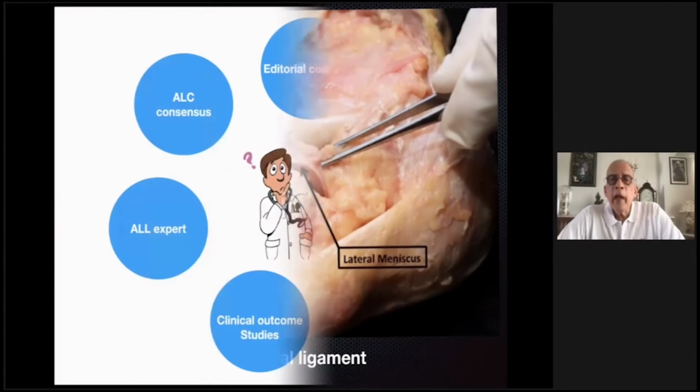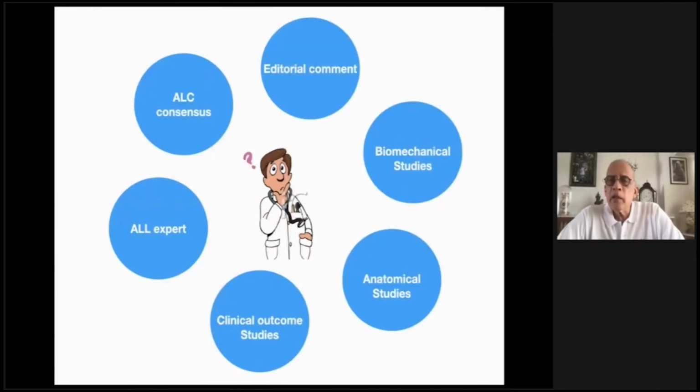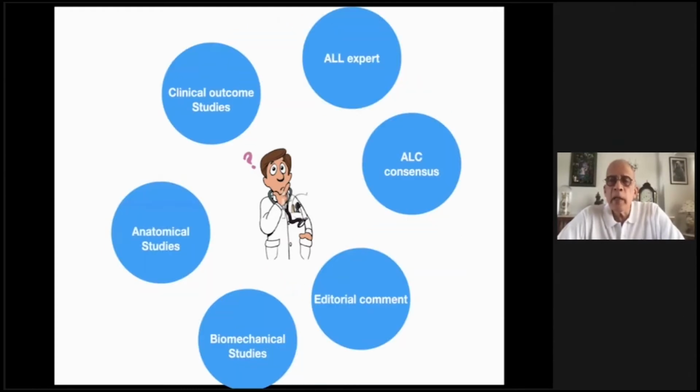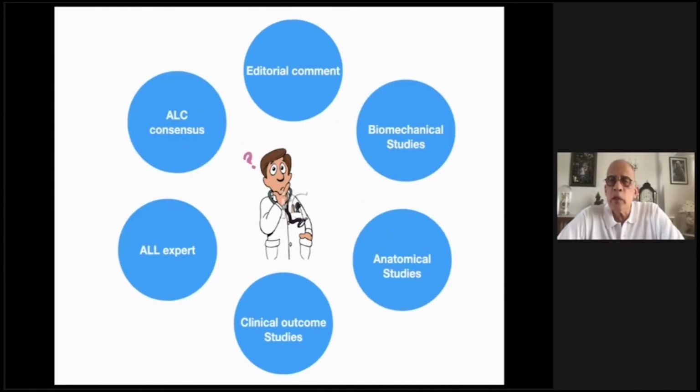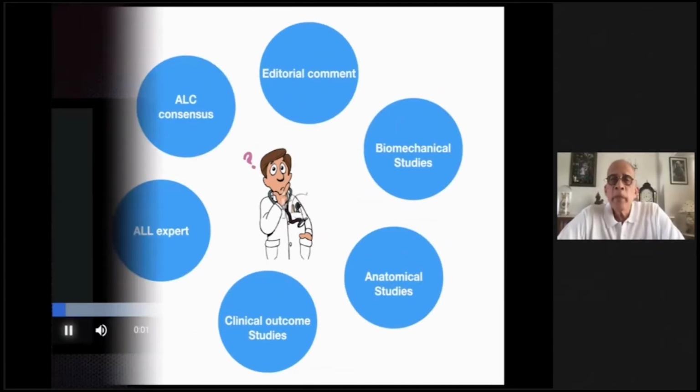Now, there have been various consensus groups, expert groups, editorial comments, biomechanical studies, but ultimately we find that the orthopedic surgeon is confused as to which technique should be used in which case.